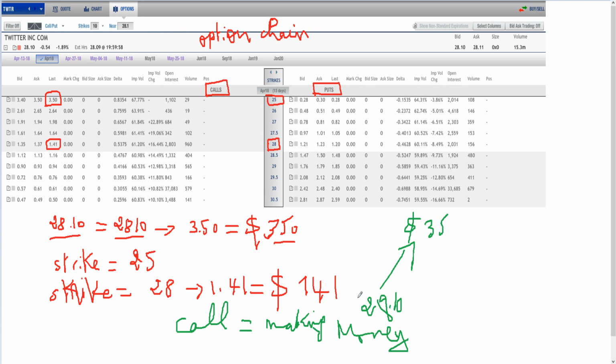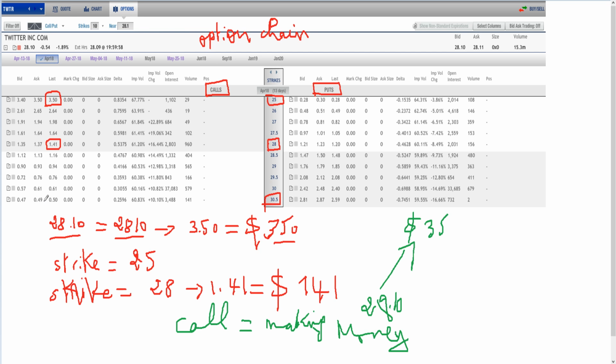Now, there is another thing you can do. Let's say you want to buy a strike that is in the future, for example $30.50.